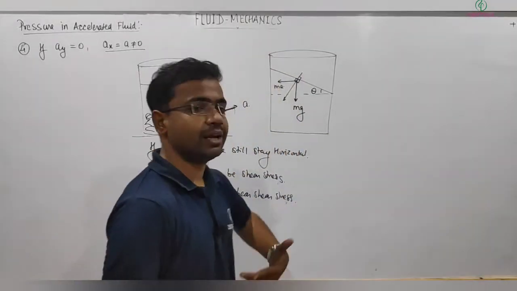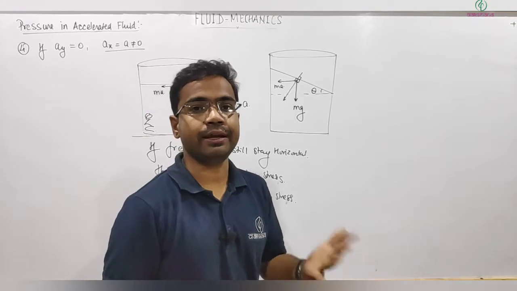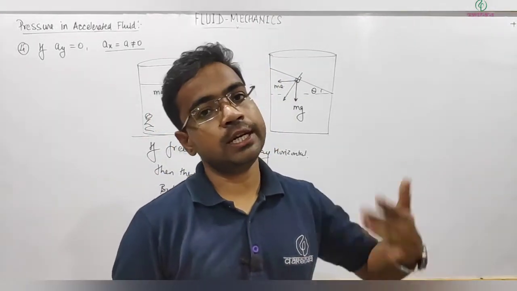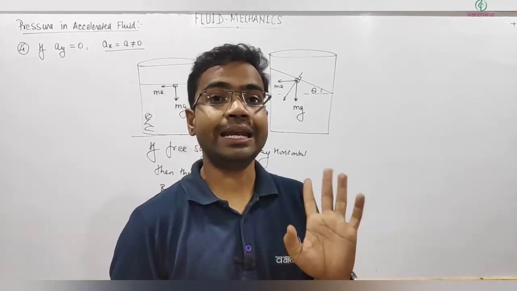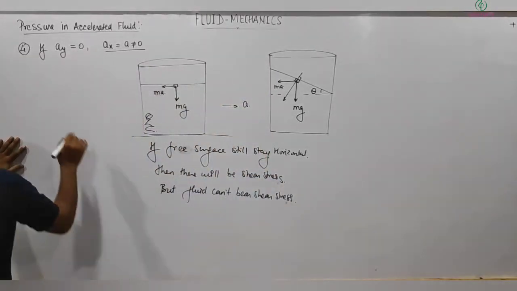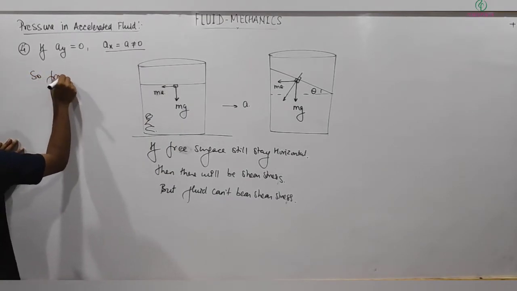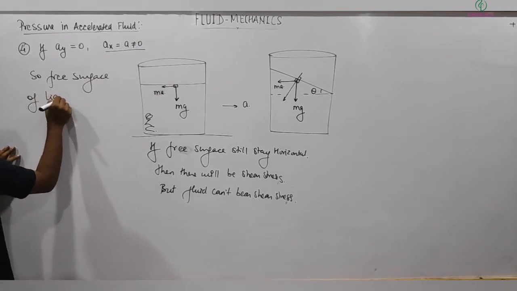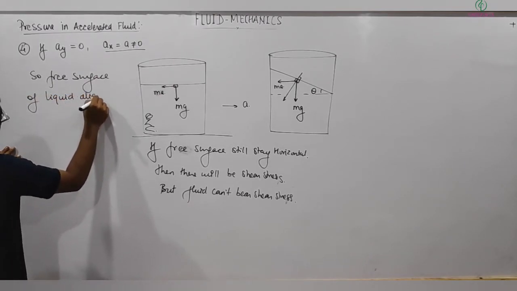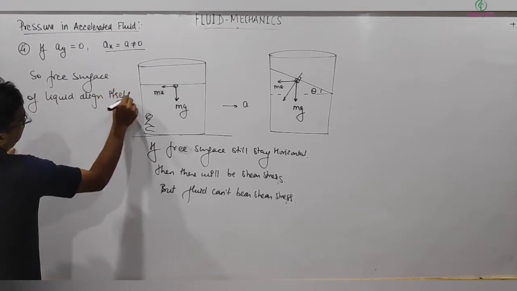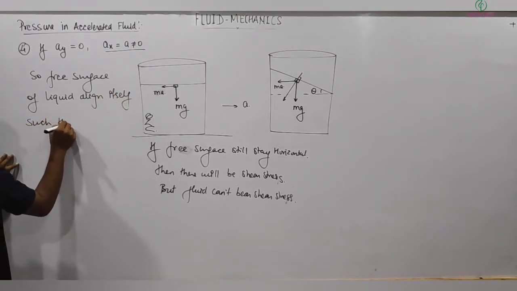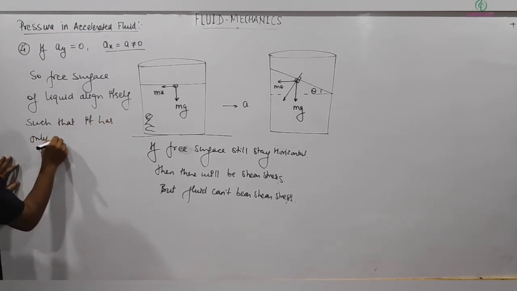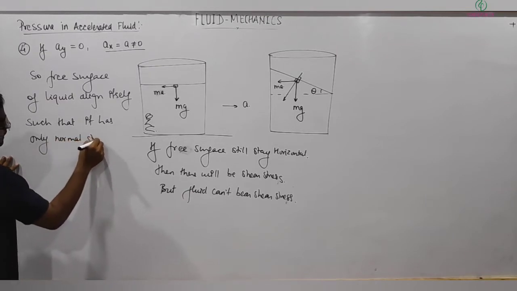So the free surface will align itself in a manner such that the total shear stress is eliminated and it has only normal stress.